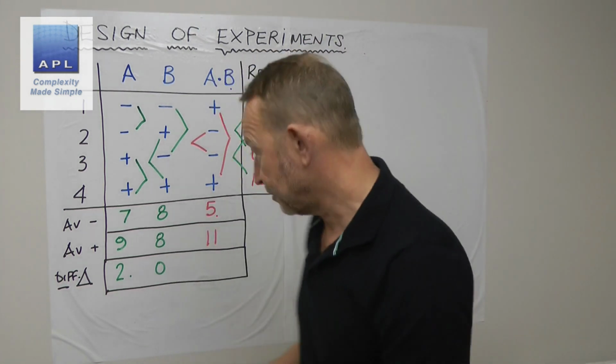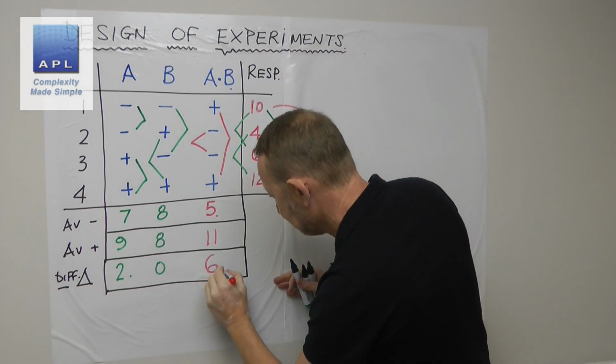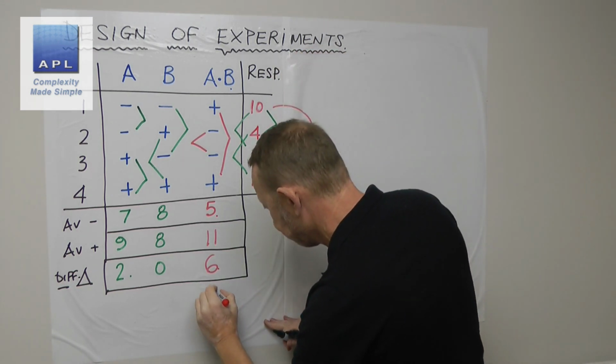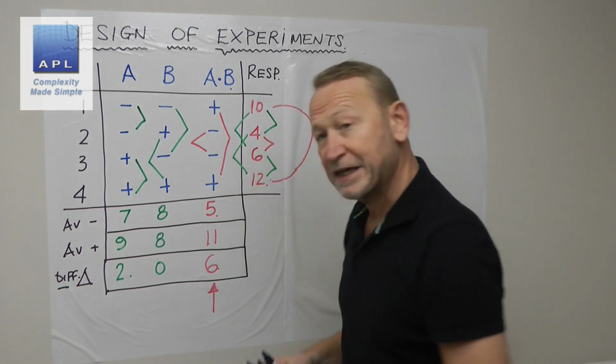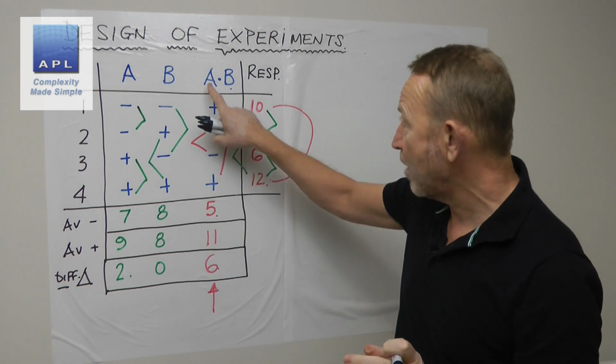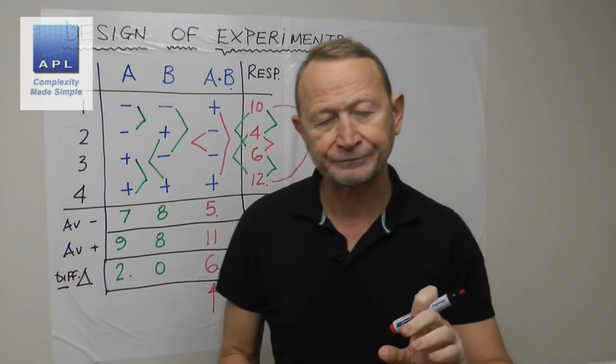And the delta there is 6. So what you can see is that the biggest effect in this experiment is the two-way interaction AB.